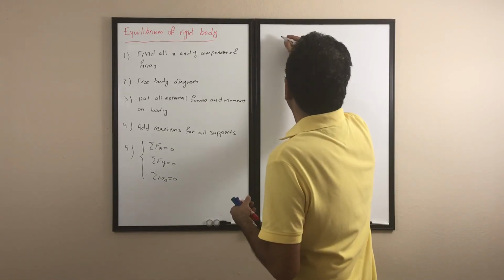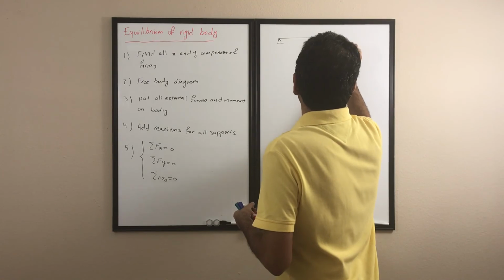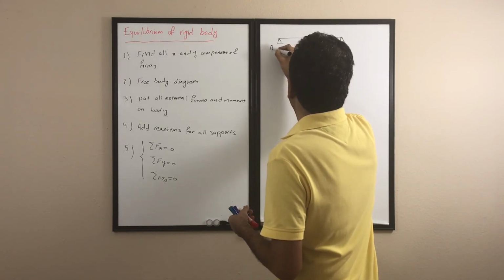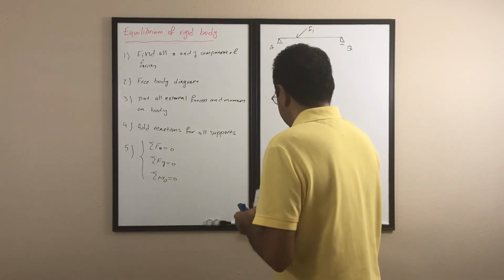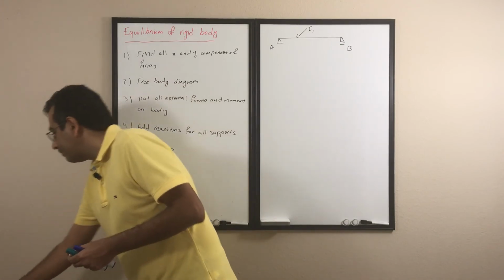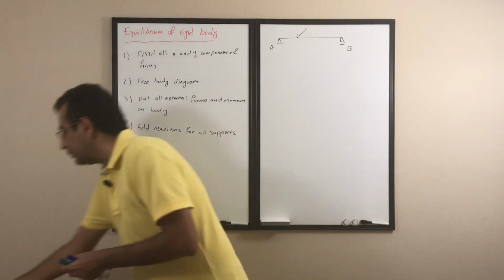So assume I have this object here, and I have A and B, and there's a force F1, or let's make it a number, so you know it's known. So assume it's 100 Newton.